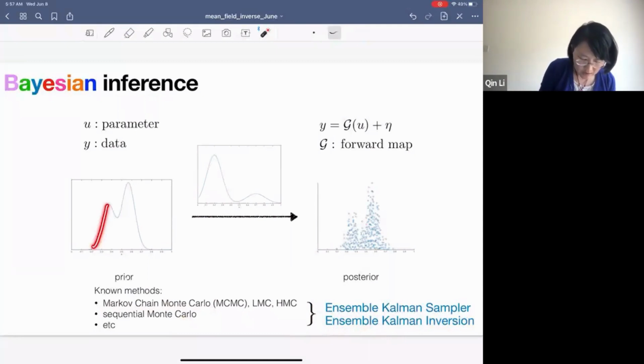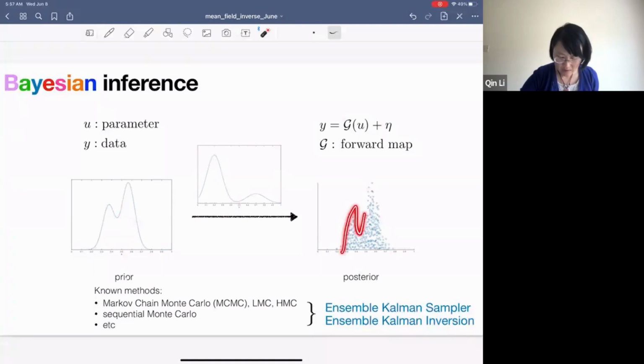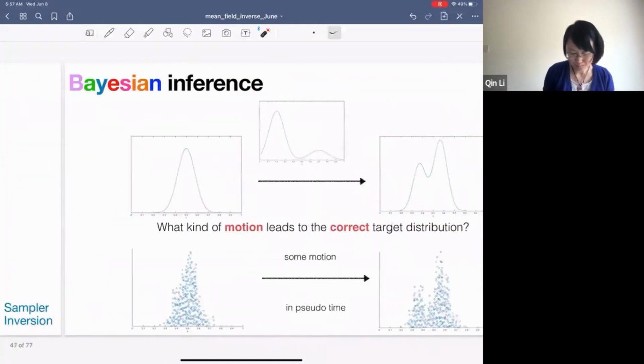Instead of viewing it as a function, I draw samples according to the prior distribution, and I let the samples move around. Hopefully after some certain time, the samples can be drawn according to the target distribution. Since I have a lot of particles all together, they feed each other knowledge. So there's a good chance that I can achieve the target distribution in a faster manner.